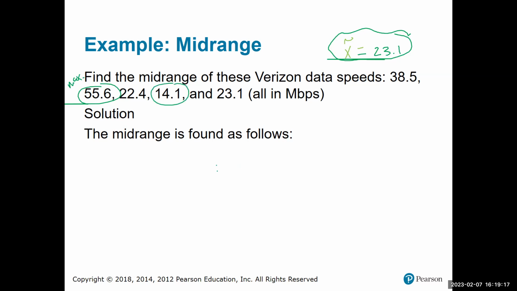I've never seen a special symbol that we use for this, so I'm just going to write it out. The mid-range is 55.6, lovely, plus 23.1, and then divided by 2. So what is that? 78.7. 78.7 divided by 2.